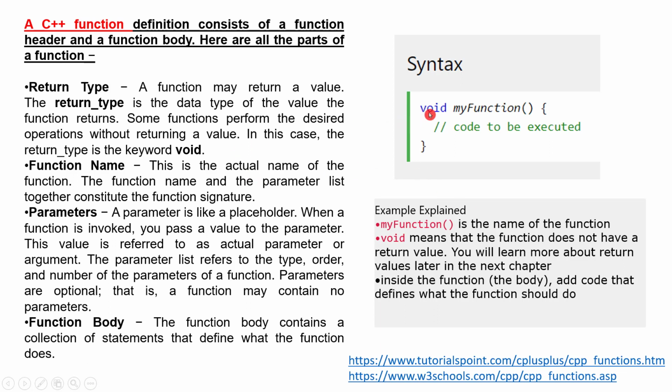Then we have the function. To have a big function, you can divide it into small functions. I told you about the product, addition, subtraction. Suppose you want to make a calculator as a program. Then you can define a main program as a calculator, and function one will be addition, function two will be subtraction, function three will be multiplication, and function four will be the division.